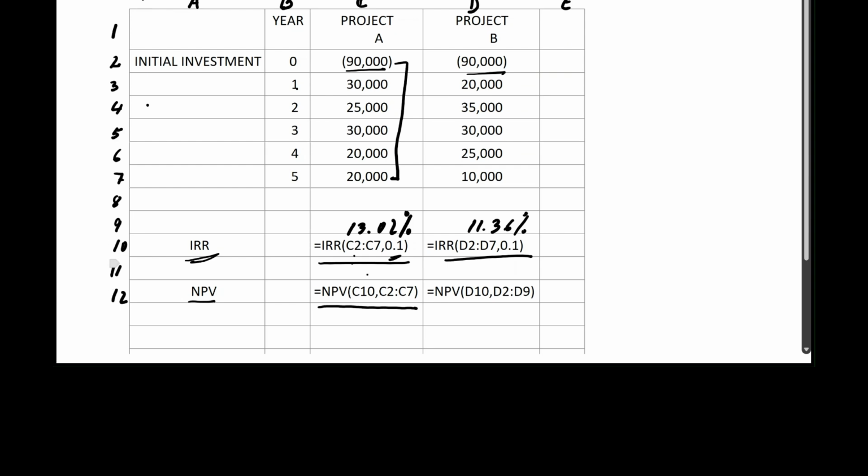This is the rate that you get, and you put the array C2 to C7, and D2 to D7. Here we find that we get 13.02% for project A and 11.36% for project B.